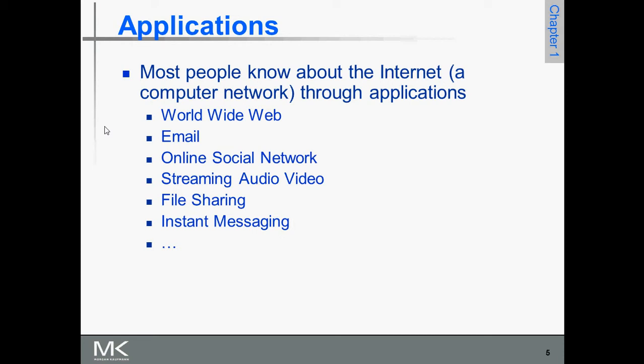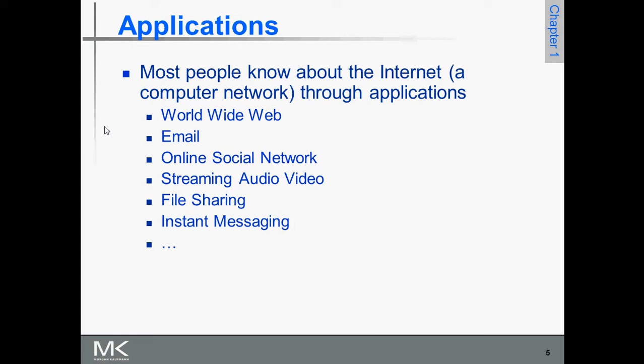Okay, now it's time to learn about applications. Most people know about the internet only through applications. Today, we are using World Wide Web, email, online social networks, streaming audio and video, file sharing, instant messaging, and an unlimited number of applications that use the internet to work.